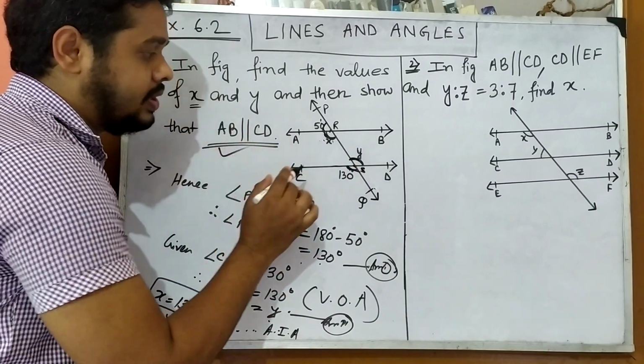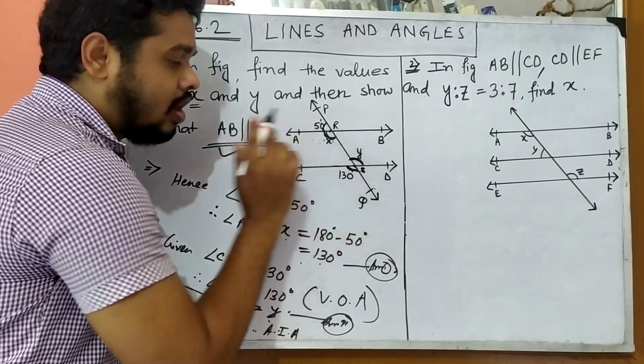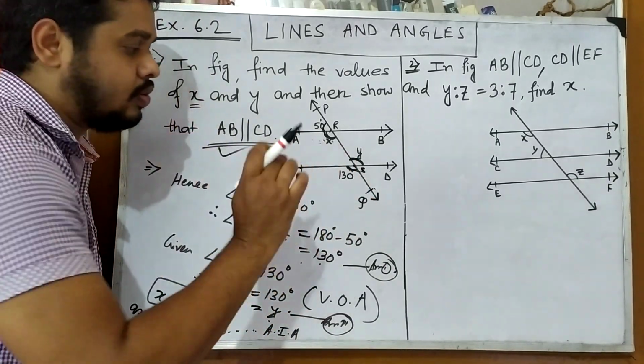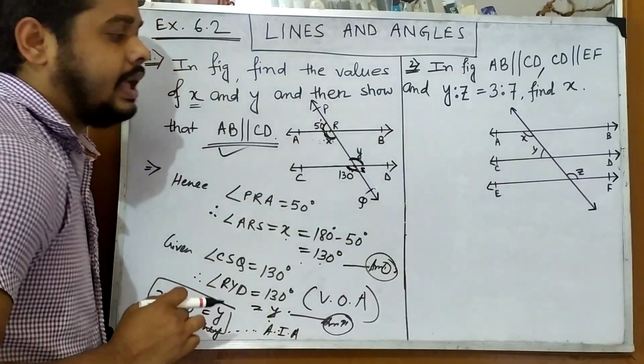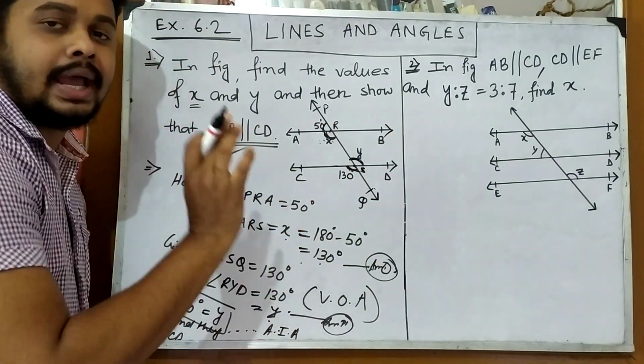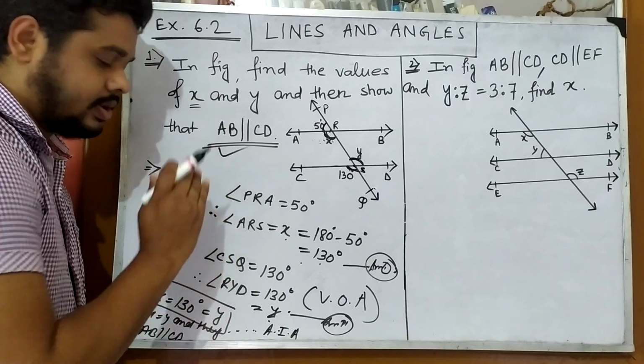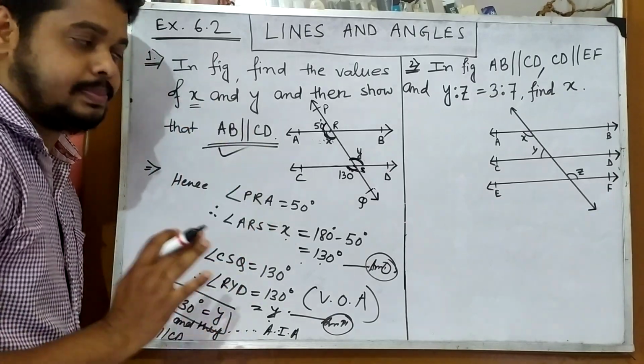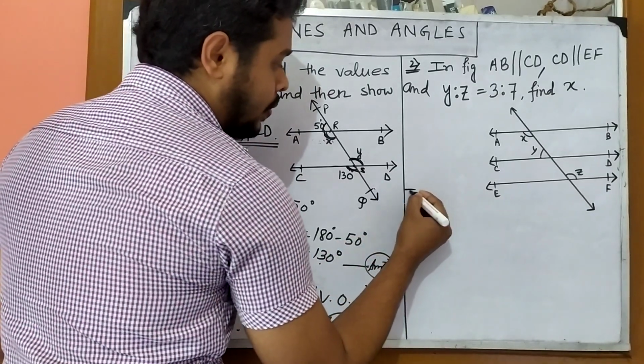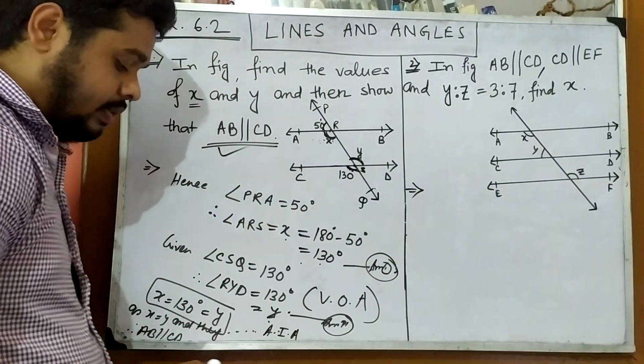We also know that if alternate interior angles are equal, then AB and CD will be parallel to each other. So the first one is complete. Now we are coming to the second one.